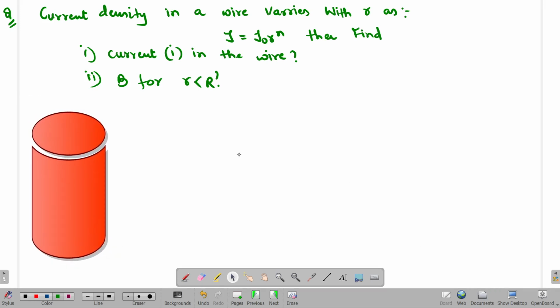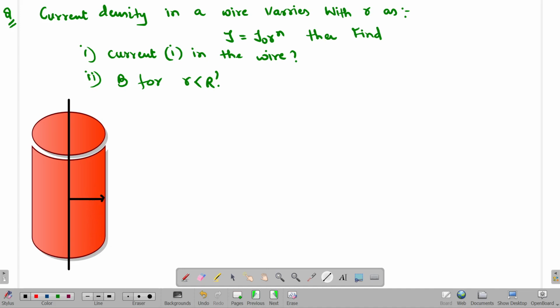This will be the wire, and it has some radius R, and with respect to the radius, the current density is changing. Are you able to get me or not?